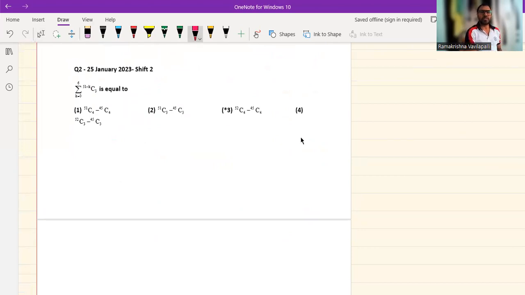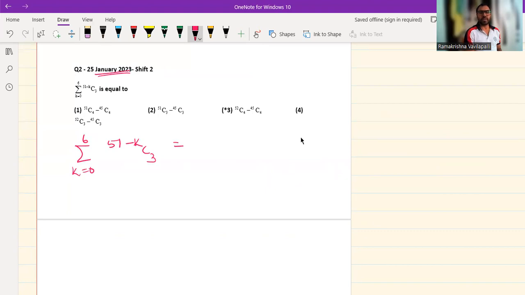This question was asked in January 2023. Sigma k equal to 0 to 6 of (51 minus k)C3. This is a very simple question. So let us expand this first of all.